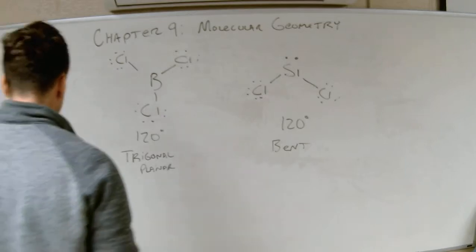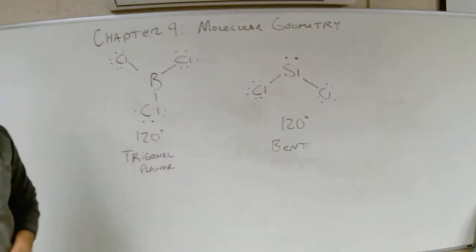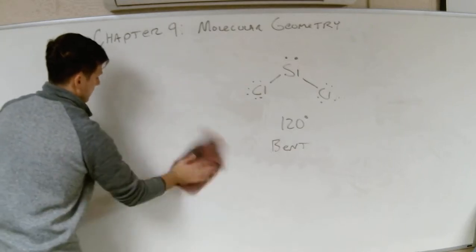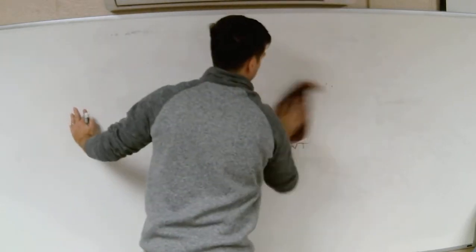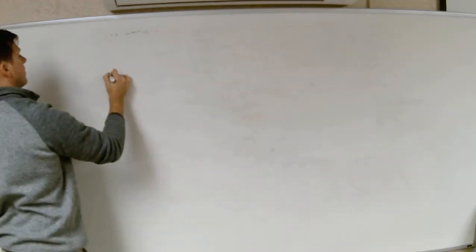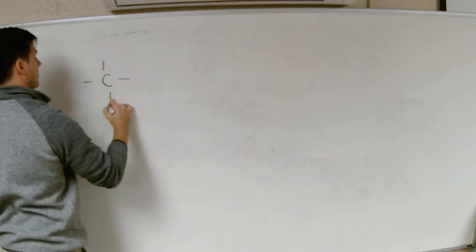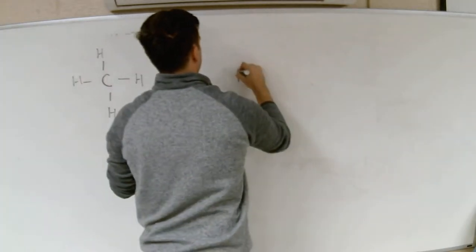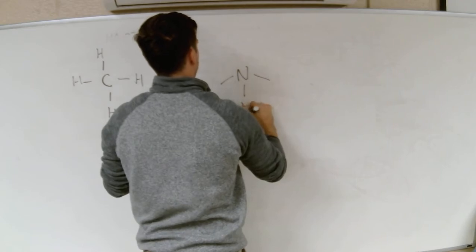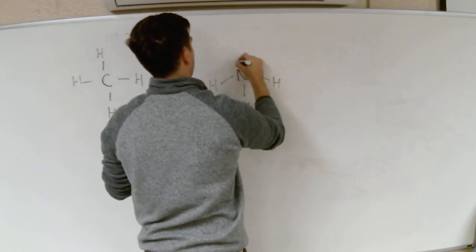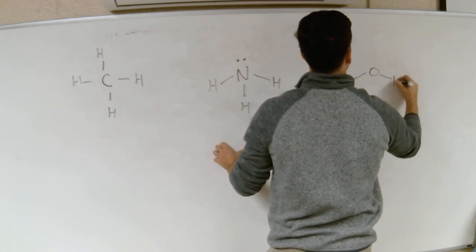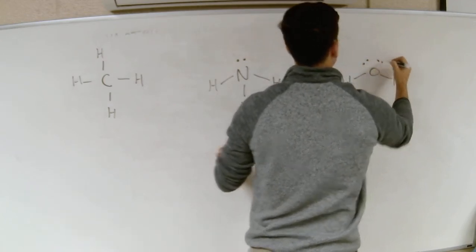The next one that I'm going to talk about, which we see a lot, are our 4 domain ones. I'm going to erase this title as well. So we could have something that looks like this, something that looks like this, and something that looks like this.